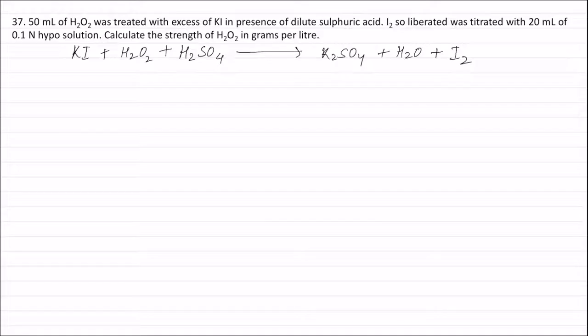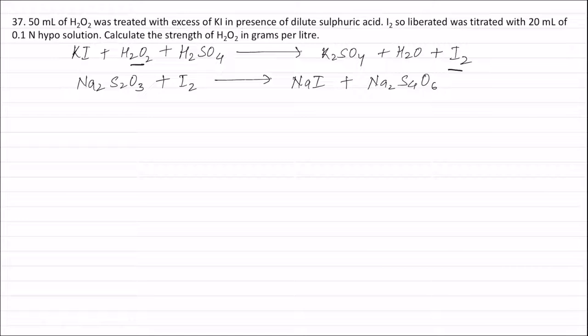The equation will be Na2S2O3 plus iodine forming NaI plus Na2S4O6. As can be seen from the equation, equivalence of H2O2 is equal to equivalence of iodine, and equivalence of iodine will be equal to equivalence of hypo solution.